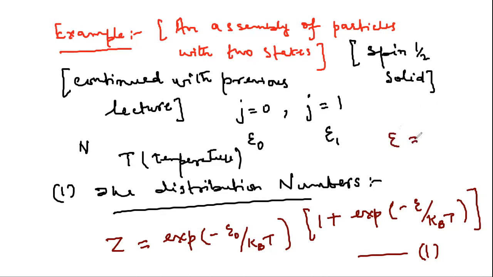is epsilon 1 minus epsilon naught. So it is the difference between the energy levels epsilon 1 and epsilon naught.